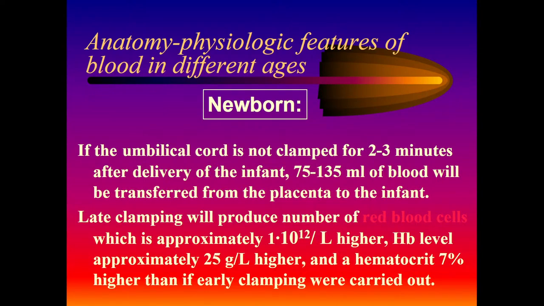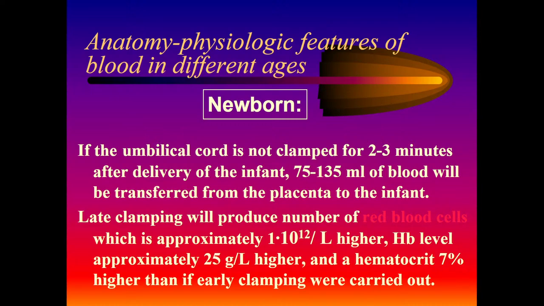Newborn. The umbilical cord should not be clamped for 2-3 minutes after delivery of the infant. 75 to 130 milliliters of blood will be transferred from the placenta to the infant.